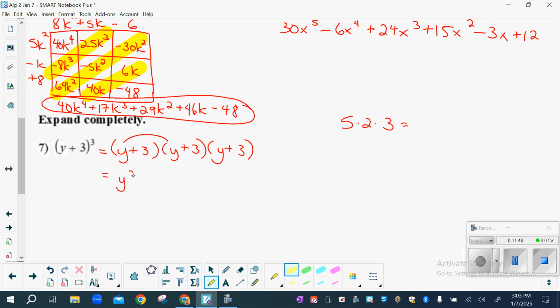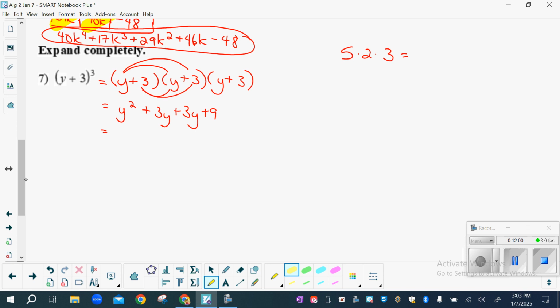So we would get y squared plus 3y plus another 3y plus 9. Before I do my next step, I'm going to simplify that, so it saves me some steps. Y squared plus 6y plus 9.